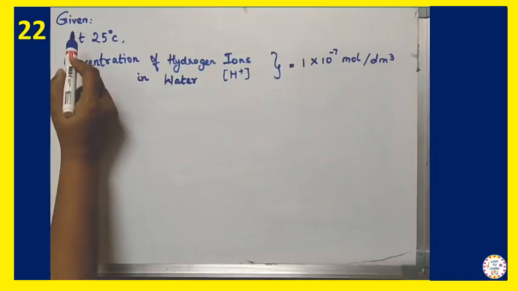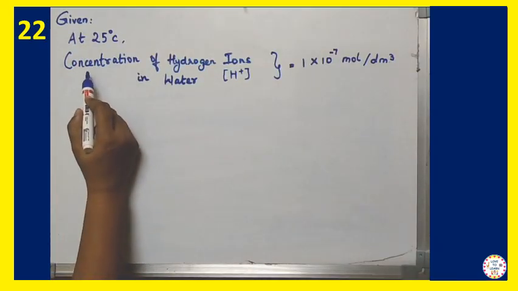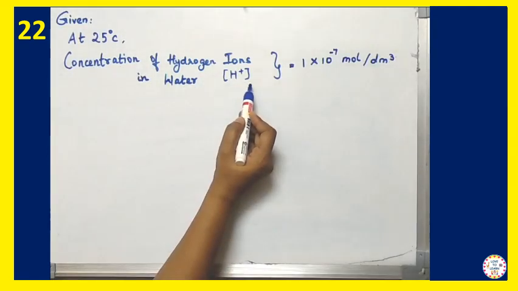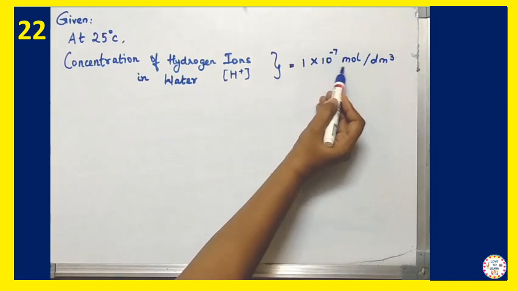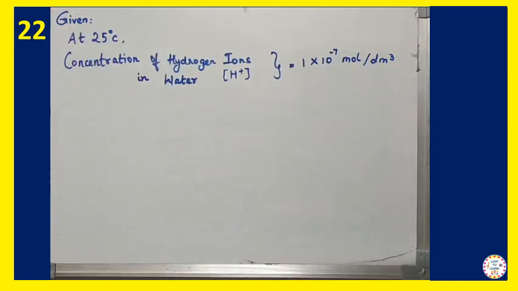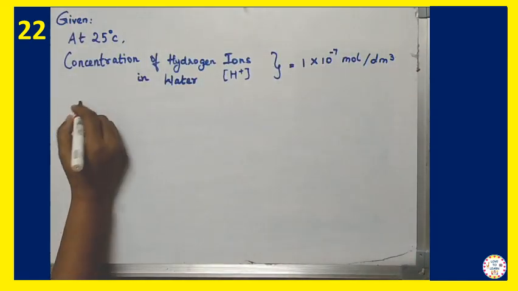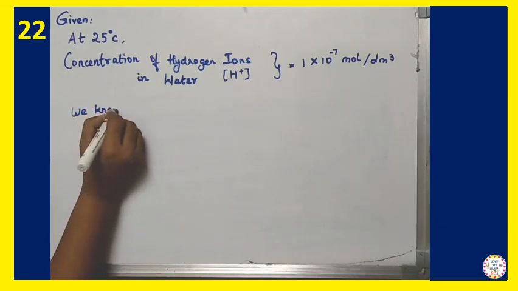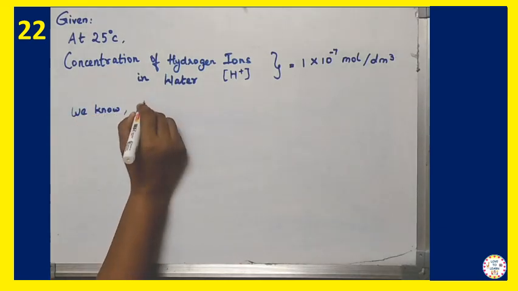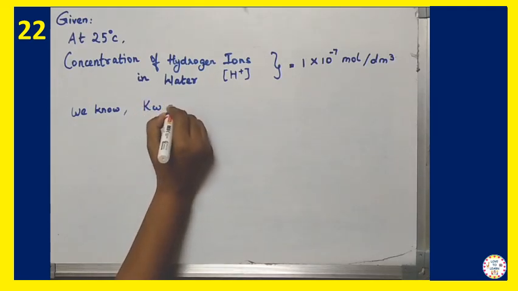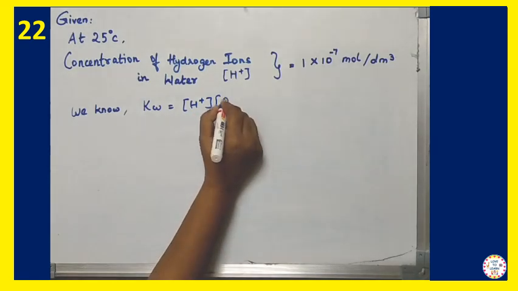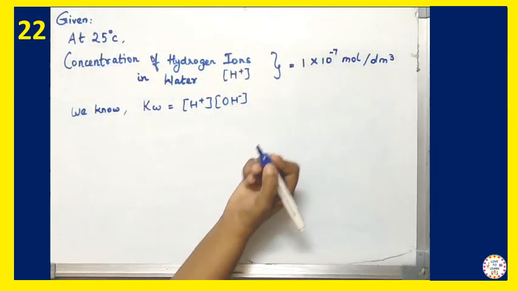Now here, first let's take the given: at 25 degrees Celsius the concentration of hydrogen ions in water, that is H plus, is 1 into 10 power minus 7 mole per dm cube. Now we know the ionic product of water, that is Kw, is equal to H plus ions and OH minus ions.